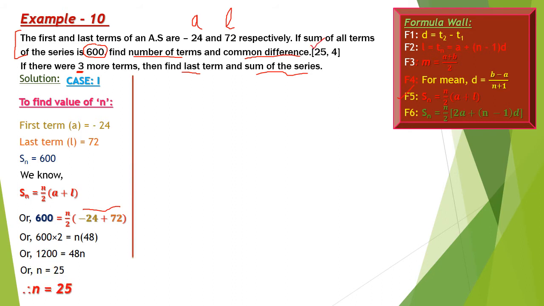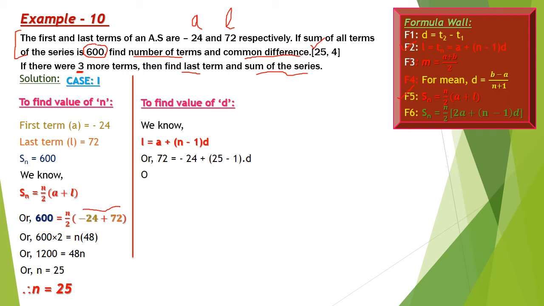Now to find the value of d, which formula do we have to use? We have to use formula 2: l is equal to a plus (n minus 1) d. So l is 72, a is minus 24, n is 25 minus 1, and d.